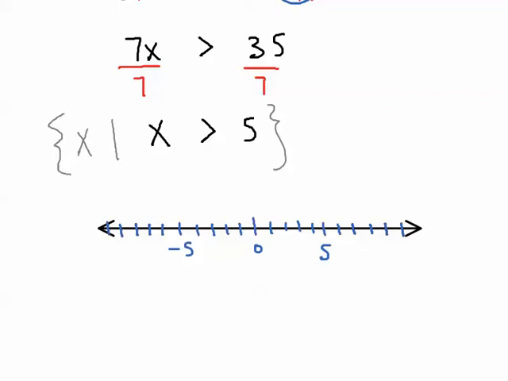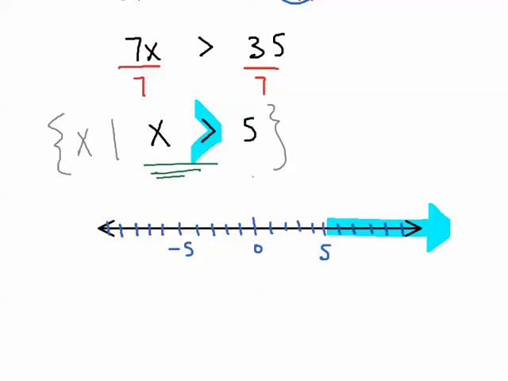Remember that we said if the inequality is written with the letter on the left, which it is in this case, then we can kind of cheat here and just follow the inequality symbol as if it was an arrow pointing in the direction to shade. So we're going to be shading to the right from our endpoint.